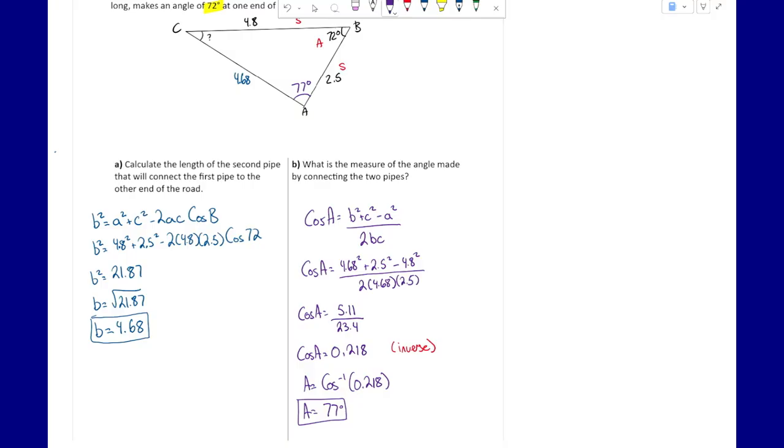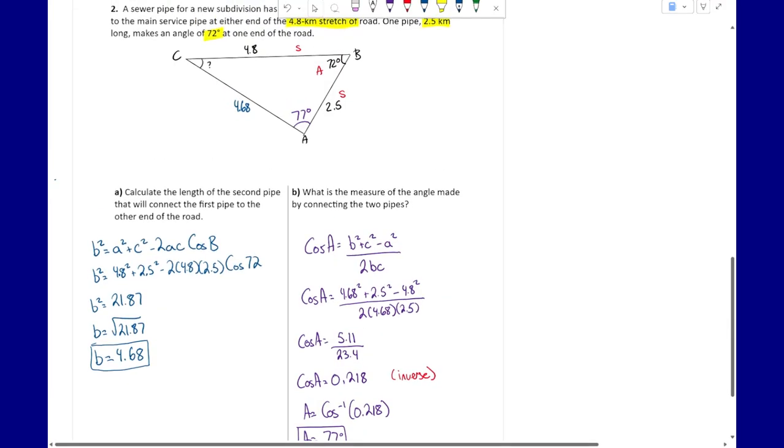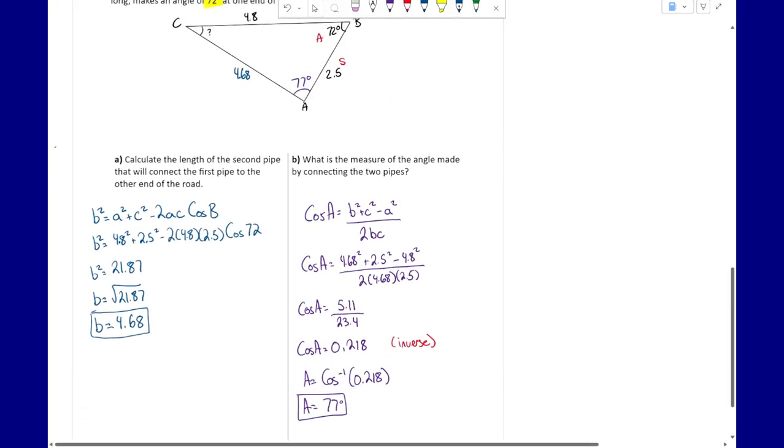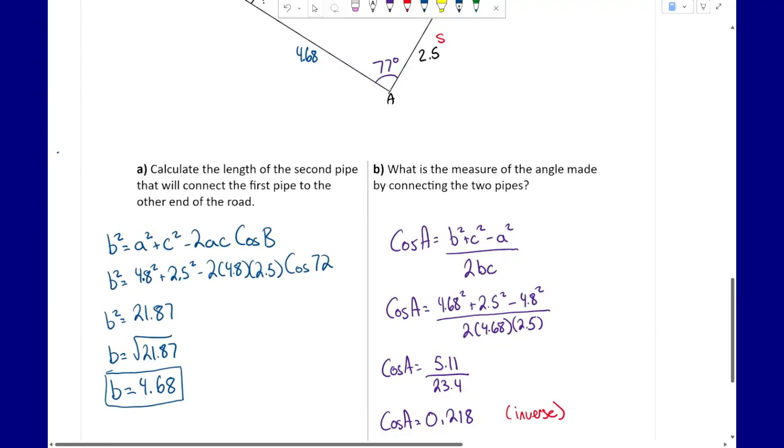If we wanted to, we could figure out at what angle the pipe joins the end of the main road by just doing 180 minus the two other angles. Although there isn't a question that asks us for that, so we don't need to. This is just an idea of application questions for using sine or cosine law.